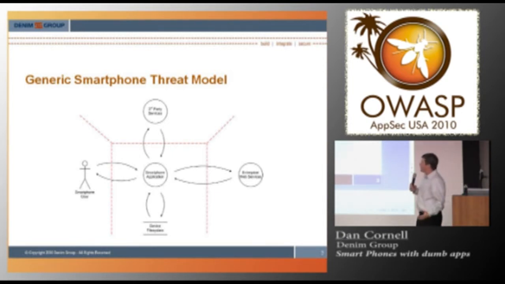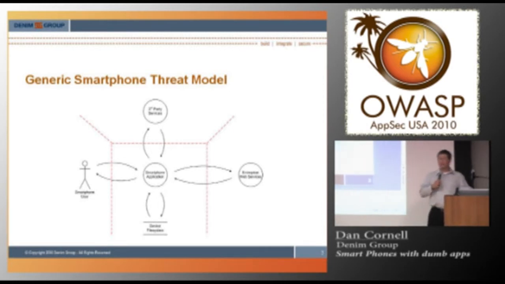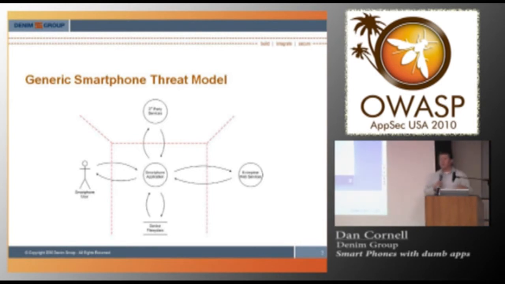From a trust standpoint, you don't necessarily trust what the user is doing to your application, but you also certainly don't trust what other people might be doing trying to come in through these different network resources. And if I'm a process running on the smartphone, I don't necessarily trust the stuff coming from these third-party services that aren't controlled by my organization. So it's a more complicated environment that you've got to look at.